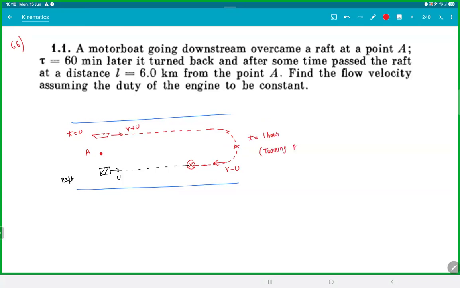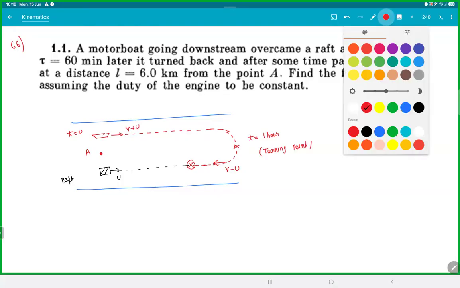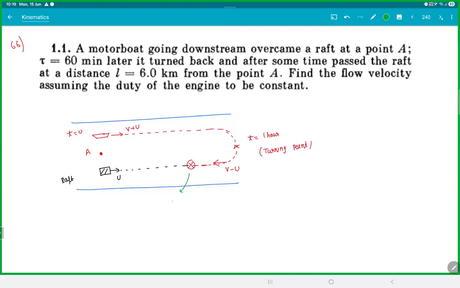So you went down for 1 hour, then you took a turn, came back, and met the plank. Hope the picture was clear.